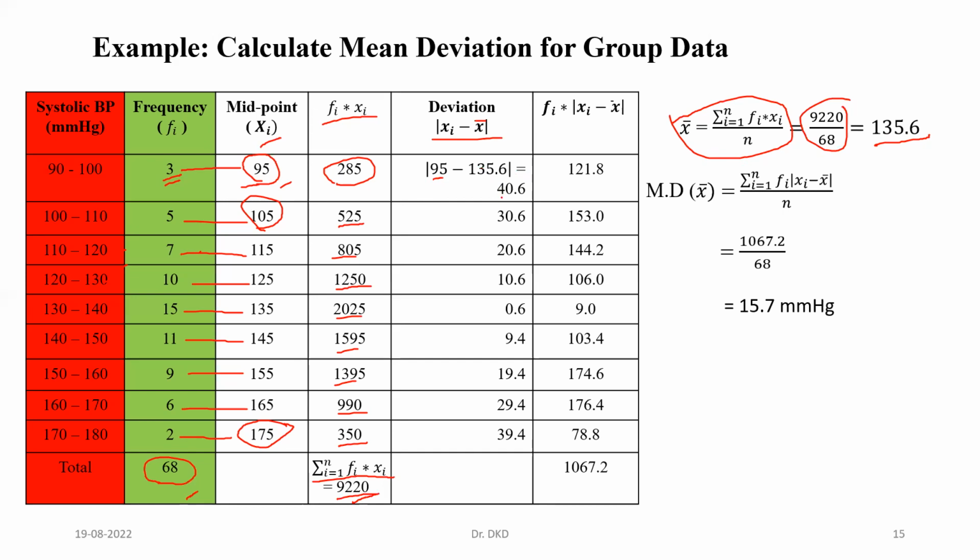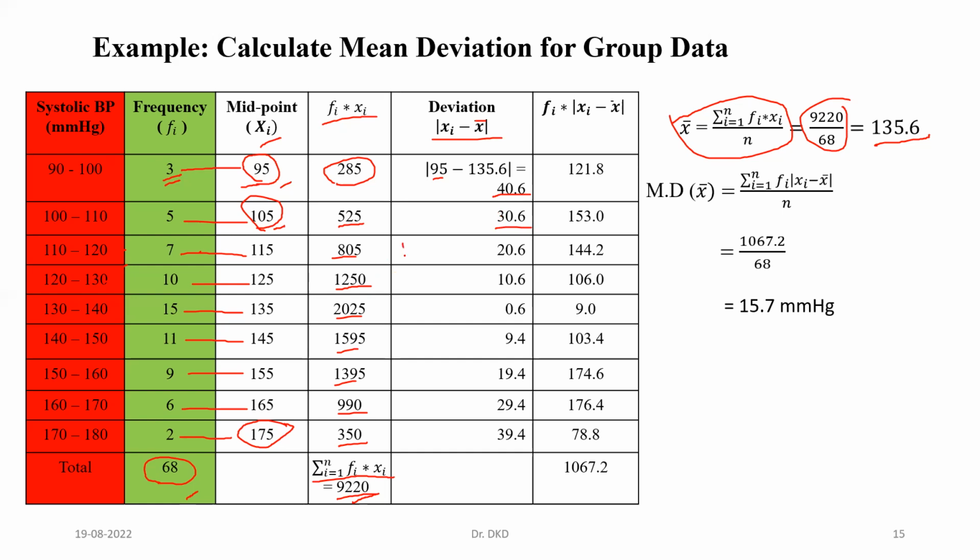Once we subtract it, we get minus 40.6, but since we are taking the modulus value, it becomes positive 40.6. Same way, we subtract 105 minus the mean 135.6 and get 30.6, because the modulus value is taken.